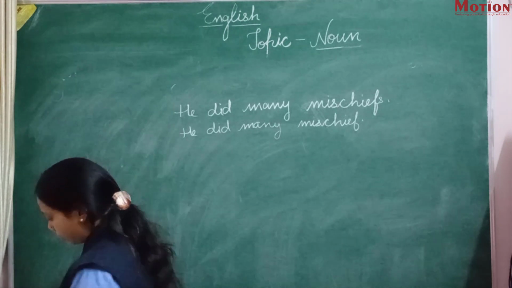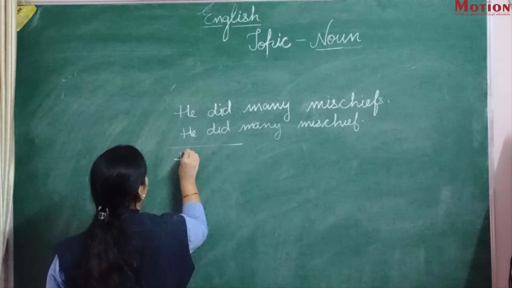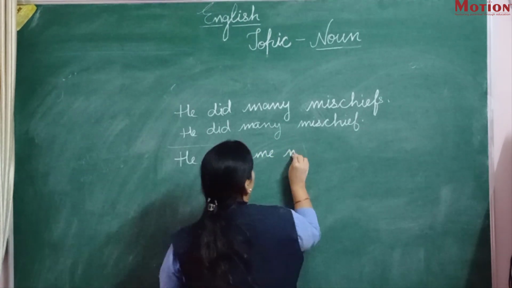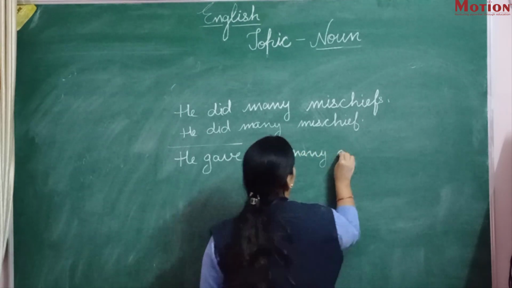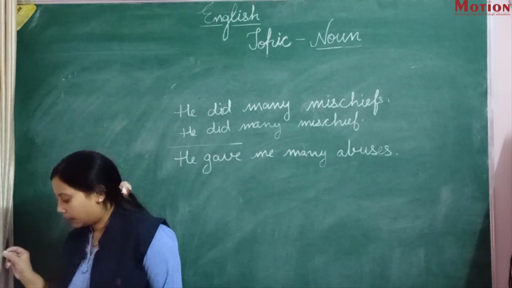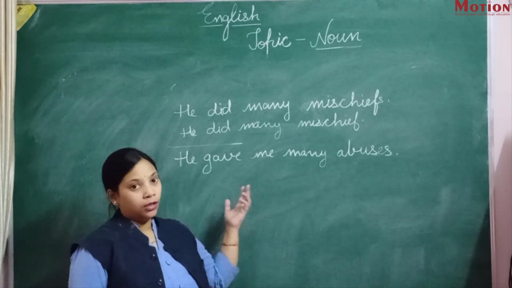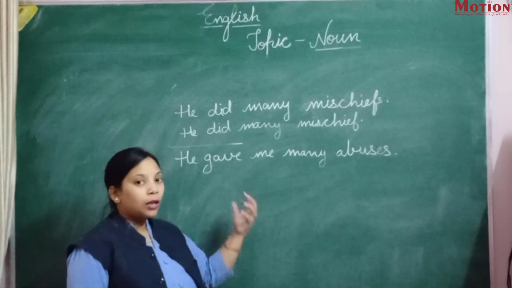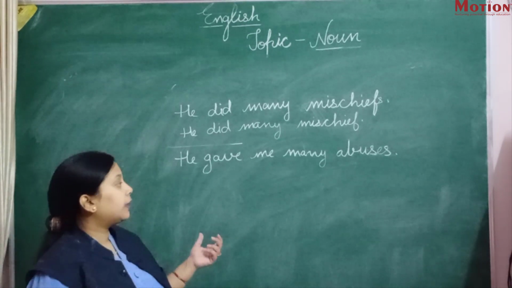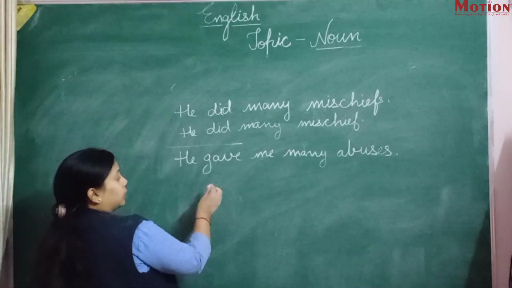The next is, in the same way, I've written, he gave me many abuses. Like he said many abuse words to me. What will be the correct sentence? It is wrong.